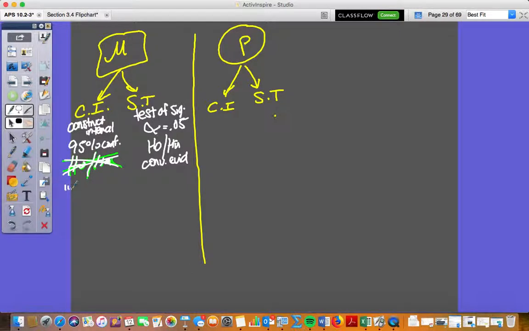Now, how do I interpret a confidence interval? Based on our test, we are 90% confident true. We are 90% confident. Yeah, that's a good one. John Michael, I saw your hand. How do we interpret a significance test?